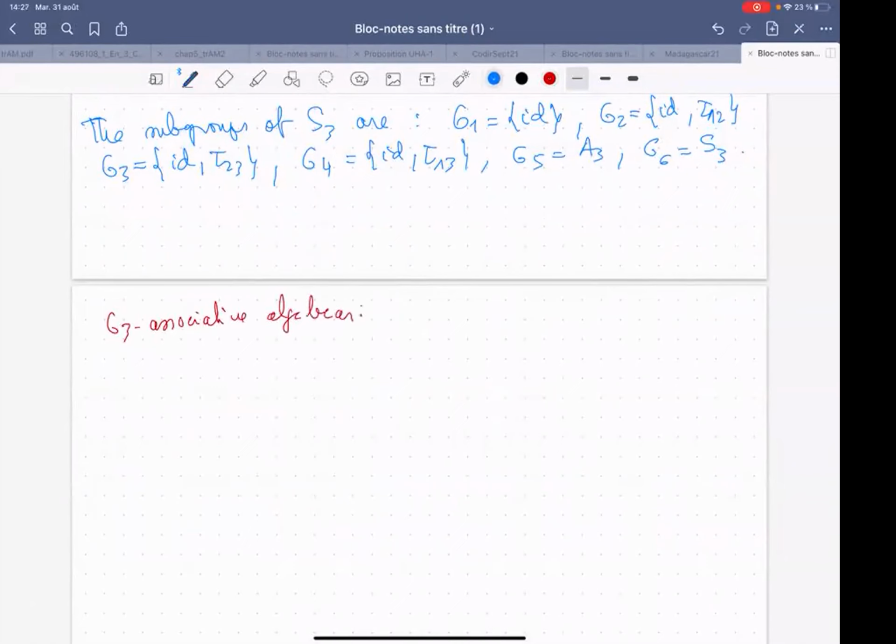Then they are given by the permutation corresponding to the identity, and the permutation which is transposition (2, 3).